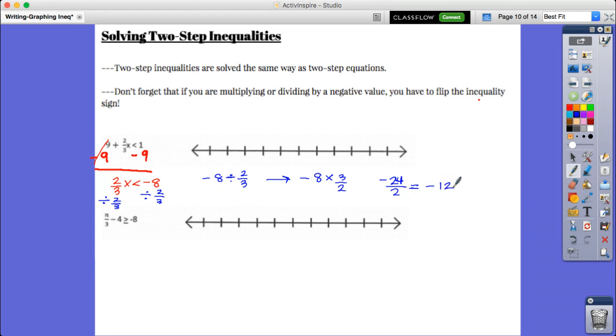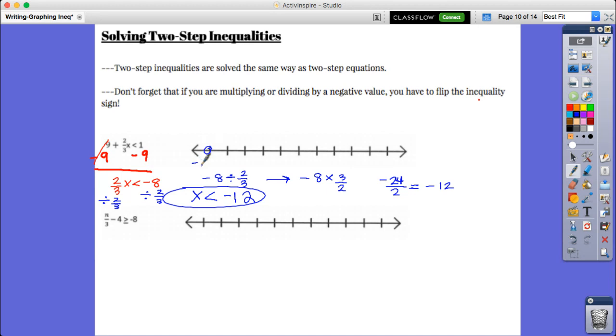So you can do your number line however you want to. I like to do mine by 2s or 5s and any kind of increments. So since negative 12 was my answer, we get x is less than negative 12. We divided by a positive value here, so we did not have to change that inequality sign.